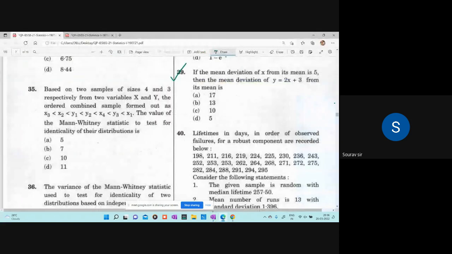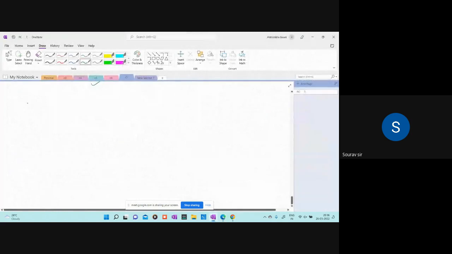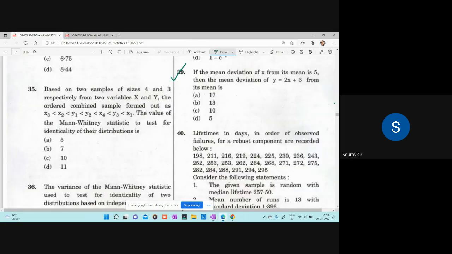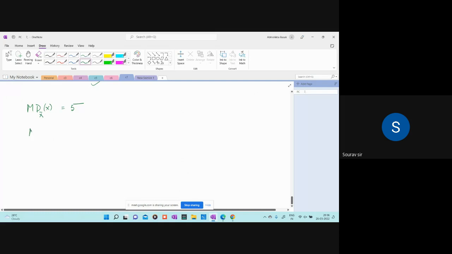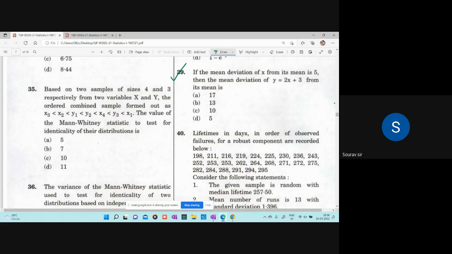They are saying the mean deviation of x from its mean is 5, so I am writing MD of x with its mean x bar is equal to 5. They are asking MD of y from its mean y bar will be how much, where y equals 2x plus 3?